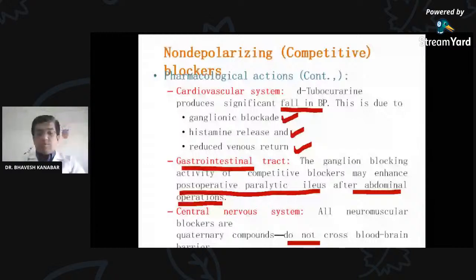So I'm getting a question from Jamin: sir, if they can't cross blood-brain barrier, can we introduce them directly via the central nervous route? No, we cannot give them centrally, because it is going to damage the central nervous system. We can only give through blood. We have to produce action over the nerve muscle end plate, over the neuromuscular junction.